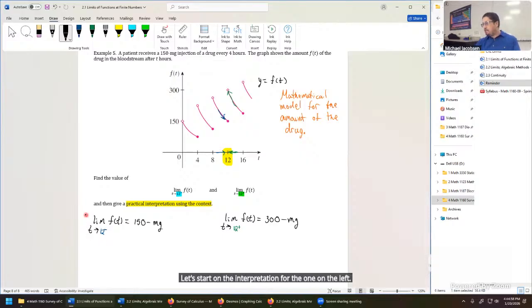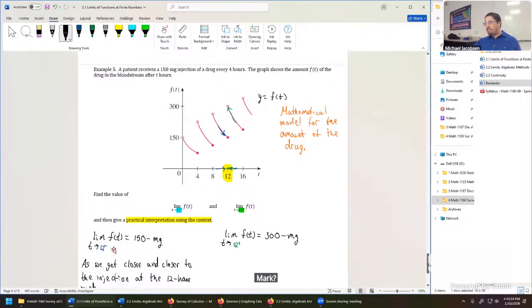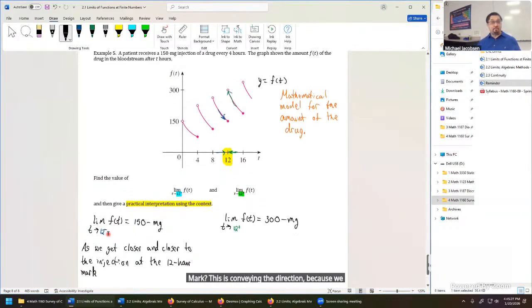We can say as we get closer and closer to the injection at the 12-hour mark, this is conveying the direction because we haven't had an injection yet. An injection means it would have spiked up. We're just getting closer and closer to that time.